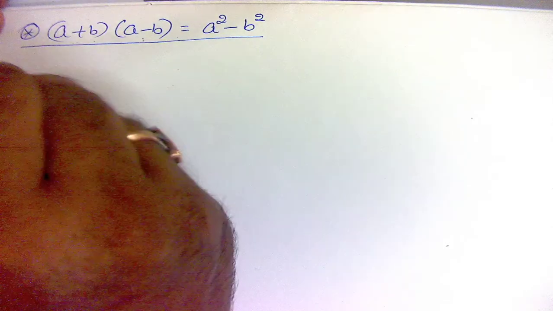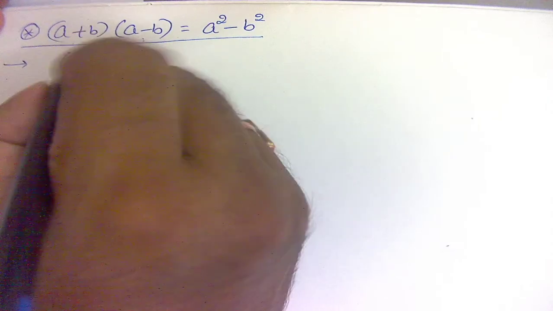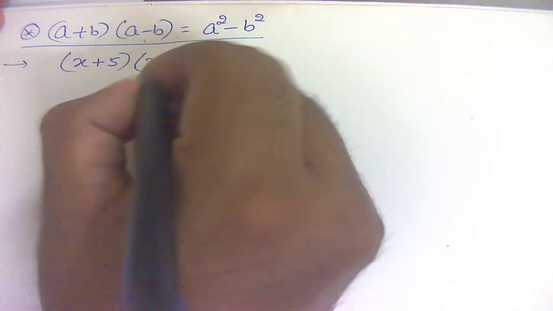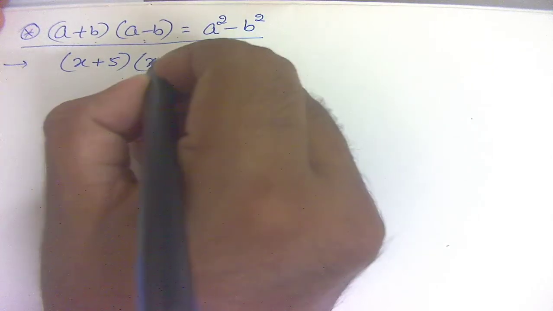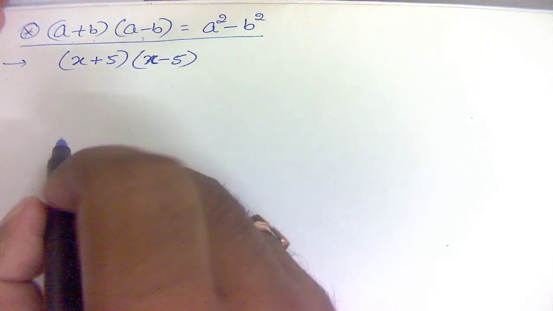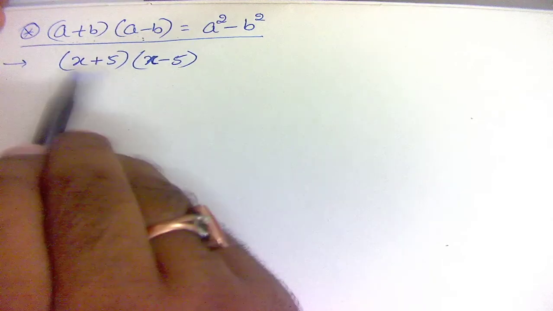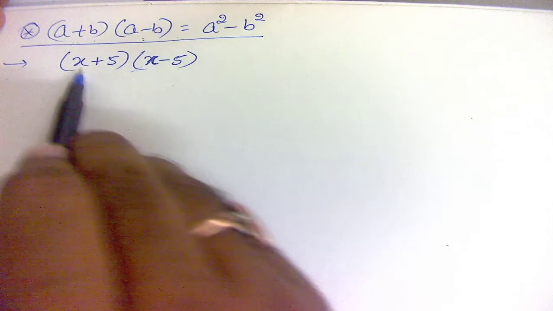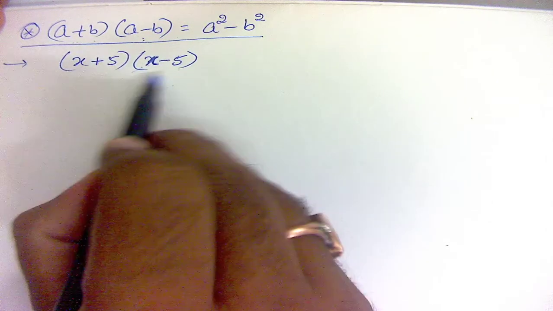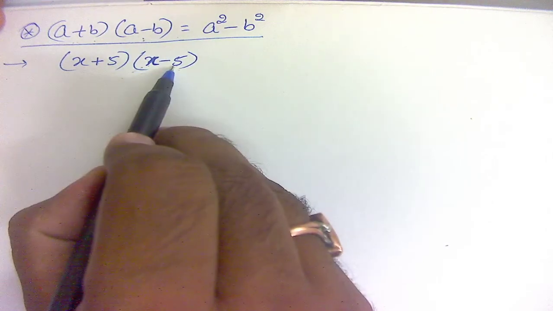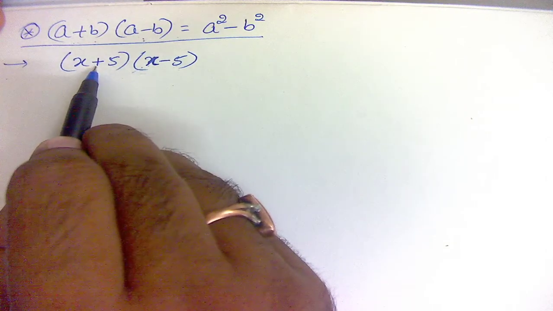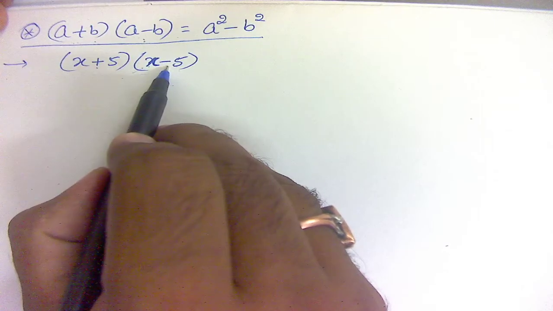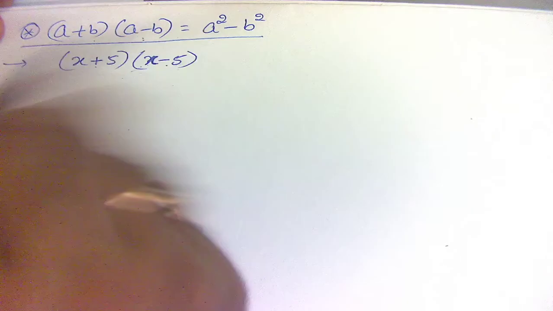For example, say you have (x plus 5) multiplied by (x minus 5). Now here if you see the binomials, the terms are the same, x and x are identical, 5 and 5 are identical. The only difference is the sign, here it is plus 5 and here it is minus 5. So in this case we can use this identity.